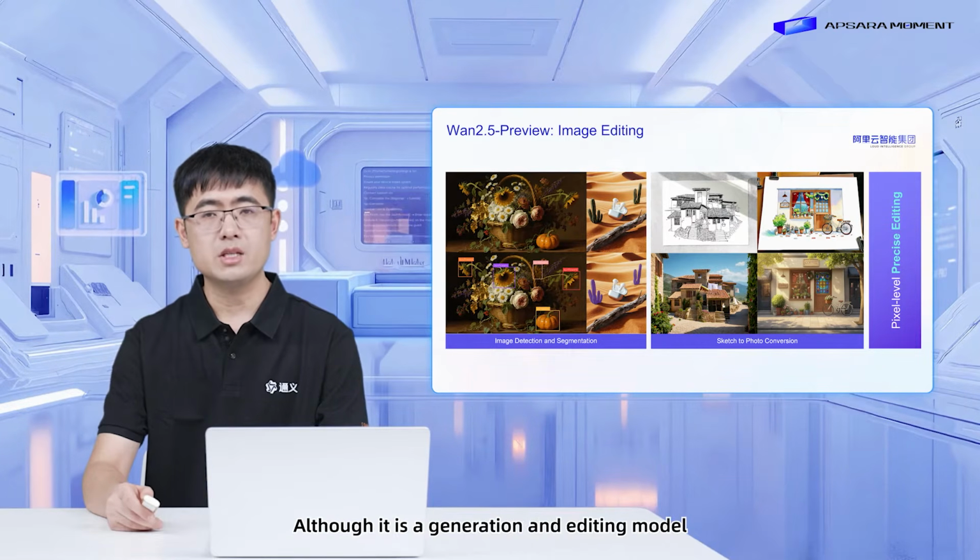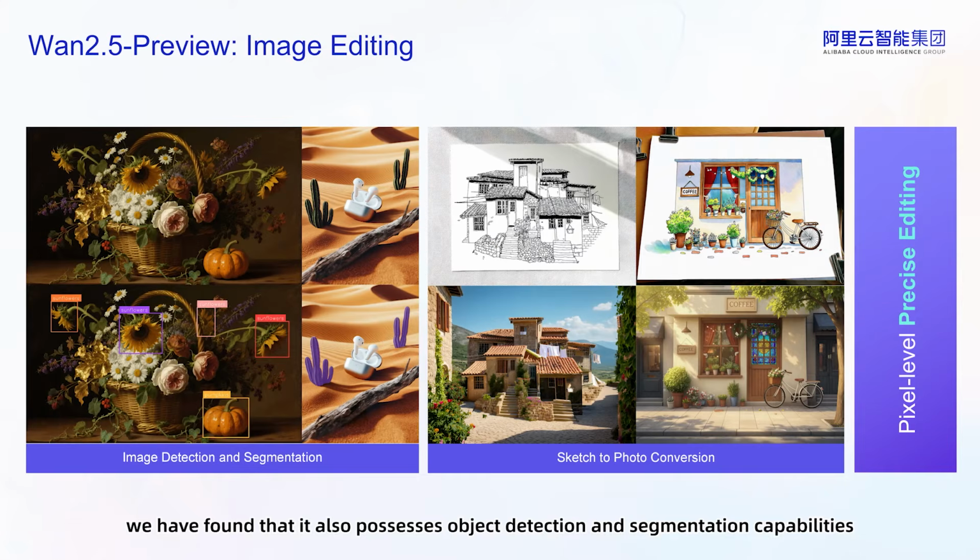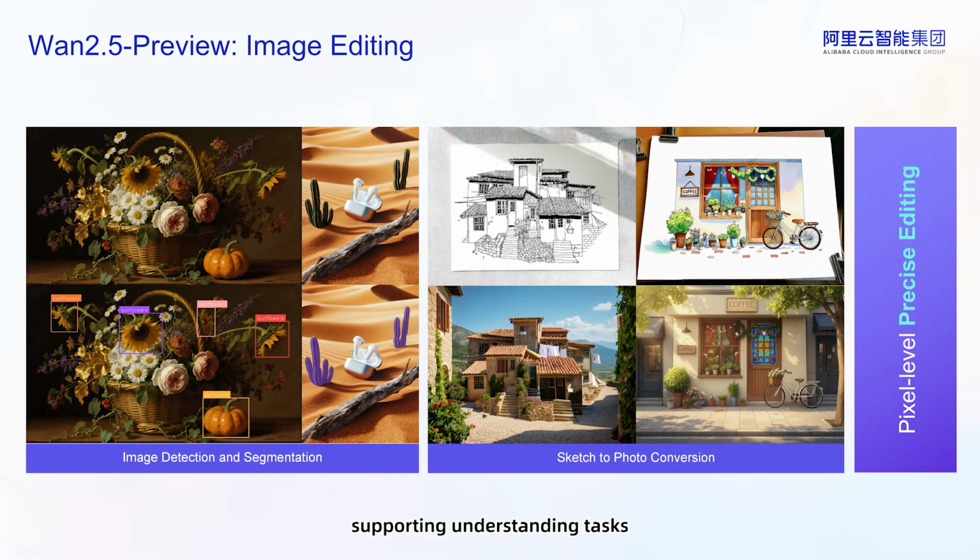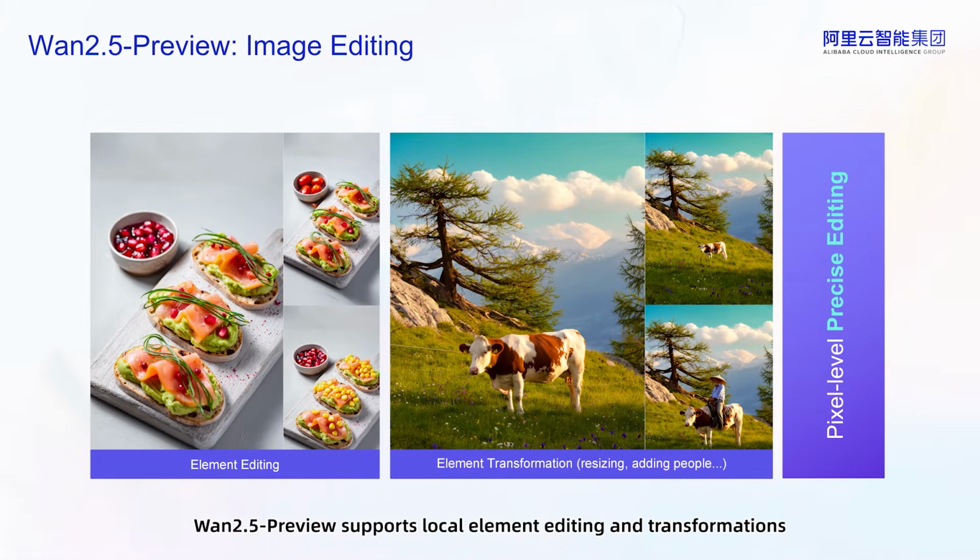Although it is a generation and editing model, we have found that it also possesses object detection and segmentation capabilities, supporting understanding tasks. It also allows users to input simple sketches and convert them into lifelike realistic images.